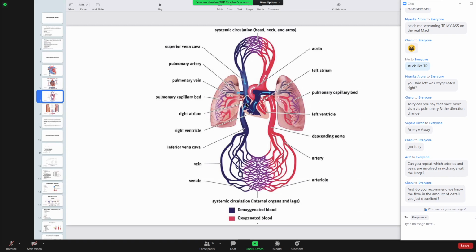Any questions on the path that blood takes? Let's see. Do you recommend that we know the blood flow in the amount of detail you just described? Yeah, that's actually not a ton of detail. It's way more in depth, with a lot of different types of veins, a lot of different types of arteries, arterioles.